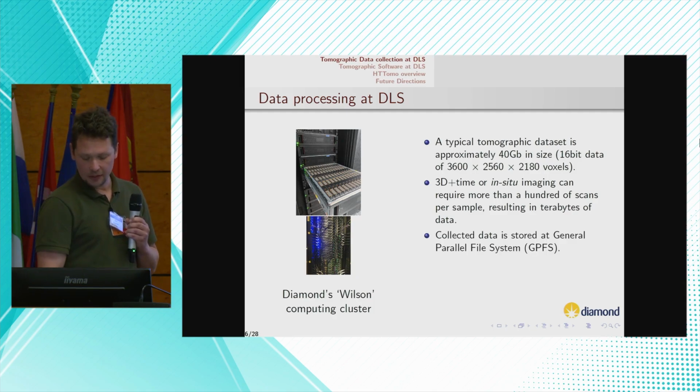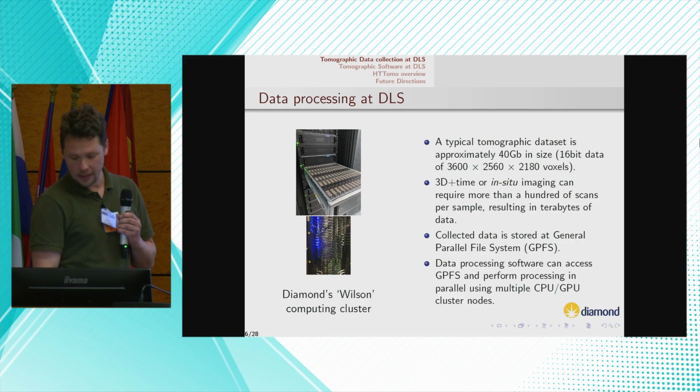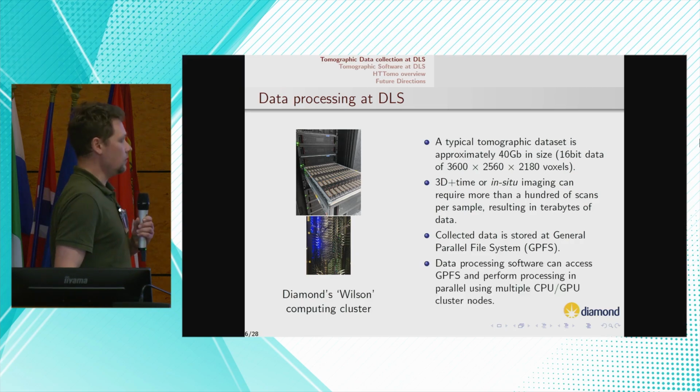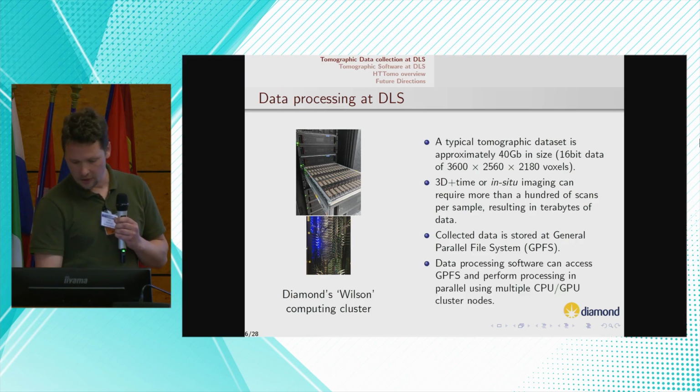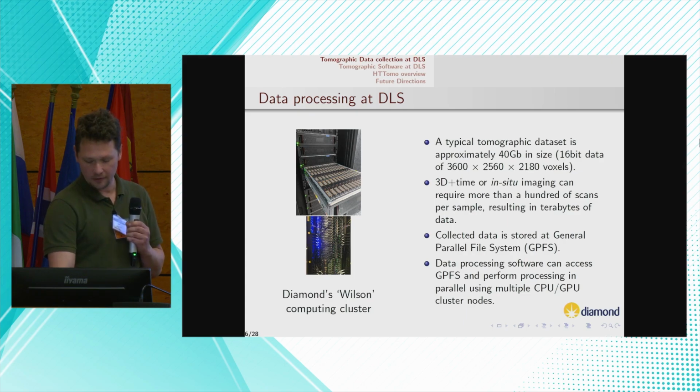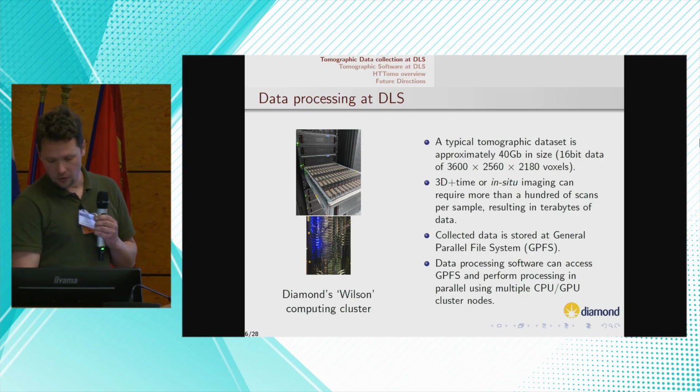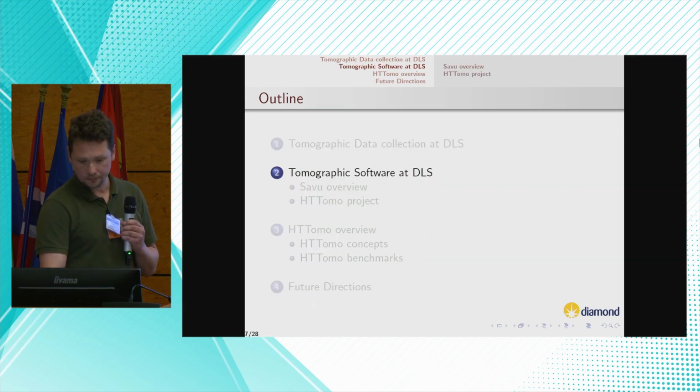The data after the experiment is stored on the General Parallel File System, GPFS. Then the software that we use to do data analysis and reconstruction usually picks up the data from the GPFS system and employs cluster resources, which include CPU and GPU cluster nodes.